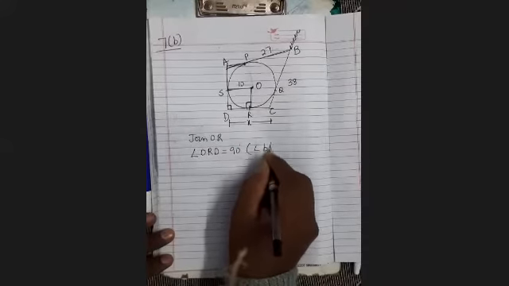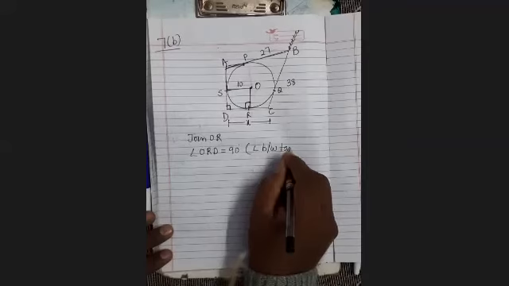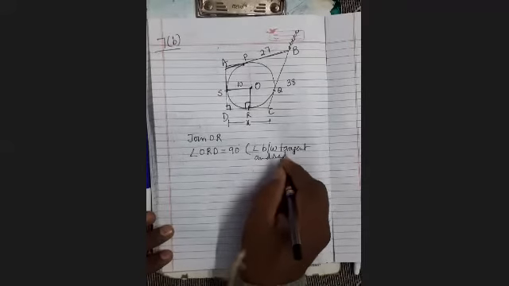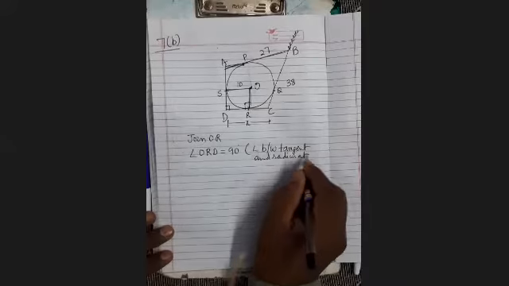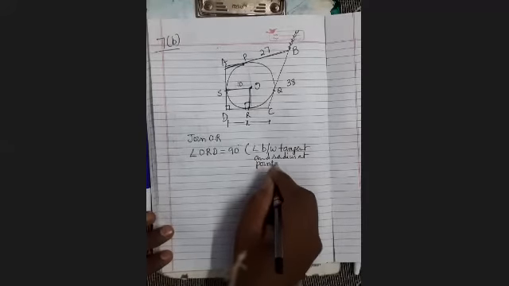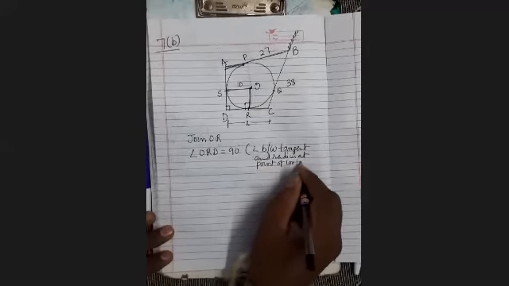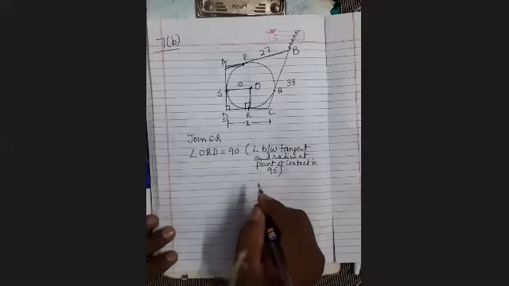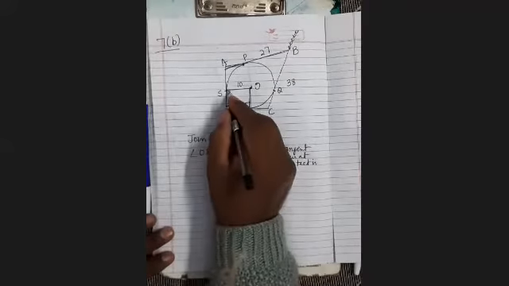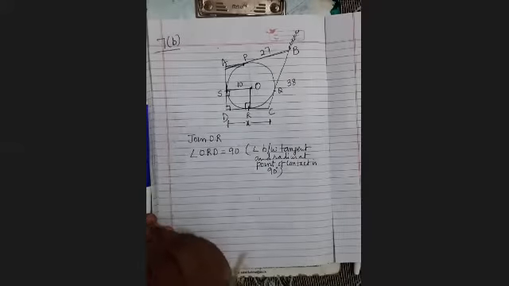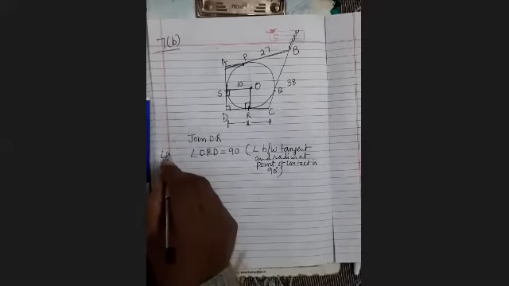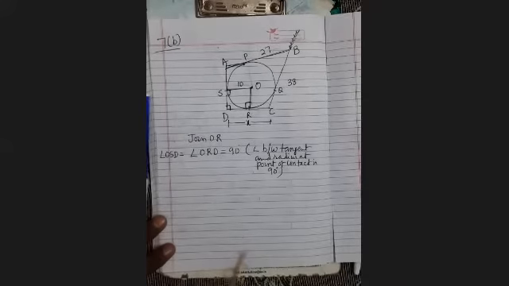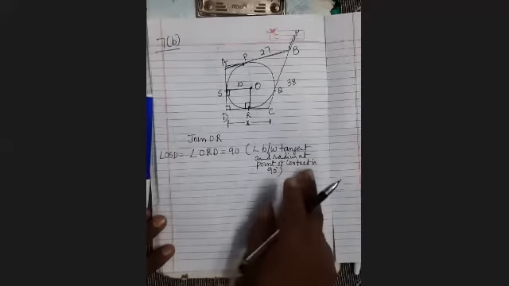Angle between tangent and radius at point of contact is 90 degree. Now you can see this angle will also be equal to 90 degrees. So that also you can write angle OSD equals to angle ORD equals to 90 degree because of this reason.